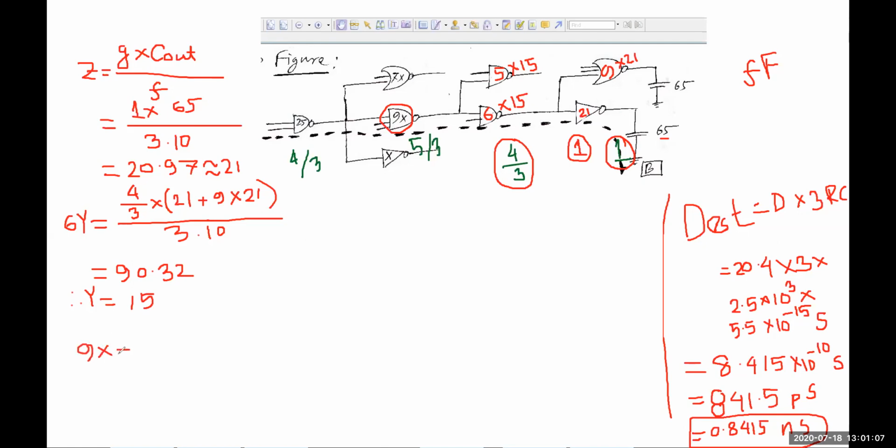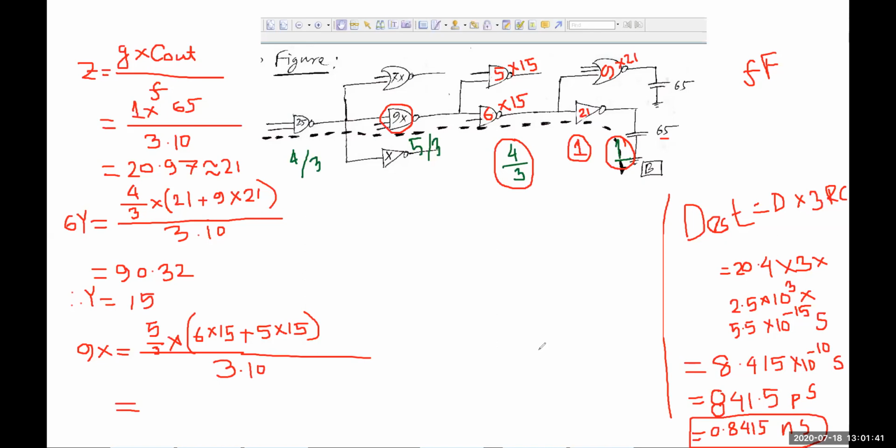Again, the same formula: G into C out divided by F. What is the G? G is 5 by 3. What is C out? C out is these two because they are connected, right? Divided by 3.10.